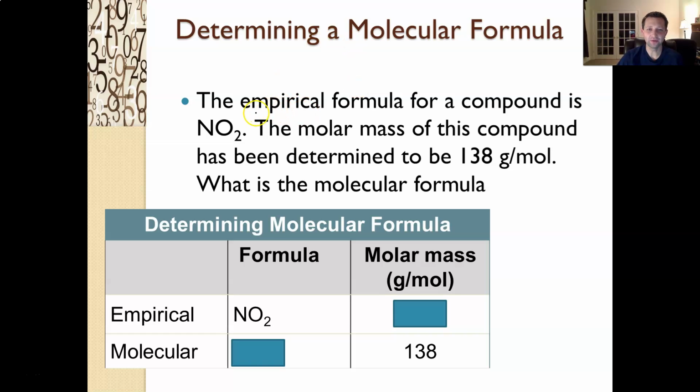The empirical formula is the lowest whole number ratio, is NO2. The molar mass, though, is 138. What's the molecular formula? Okay, here's how you figure these out. If you have the empirical formula, it's NO2. You want to figure out what is the molar mass of that.